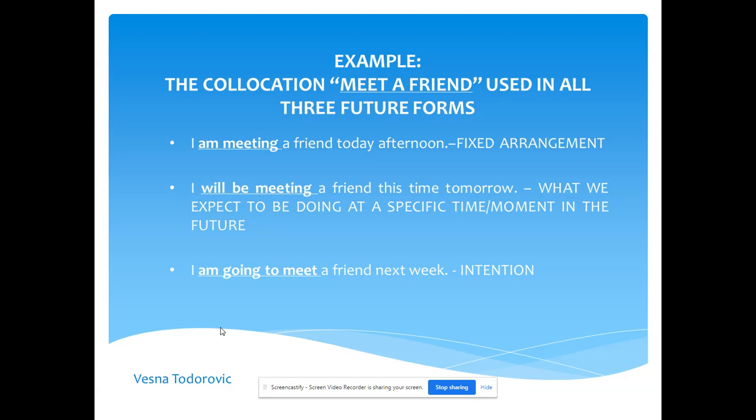So, for example, I'm meeting a friend today afternoon is something that we have already arranged, so it is certain to happen. I'm meeting my friend. We have already arranged this meeting. I will be meeting a friend this time tomorrow. We expect to be doing something, to be meeting a friend at this time tomorrow, at this specific time in the future. And by saying I'm going to meet a friend next week, we just express intention or what we intend to do in the future.